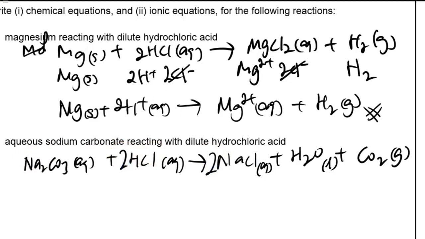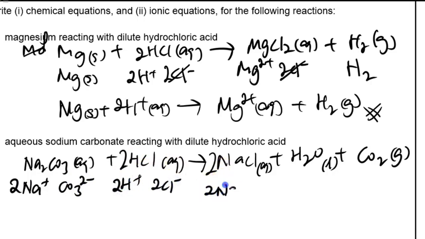So next step, we split the ions out. So we have 2Na+, we have 1 CO3 2-, we have 2H+, we have 2Cl-, we have 2Na+, we have 2Cl-, we have water, and we have carbon dioxide. So cancelling the like ions on both sides. Again, what do we have left at the end of the day?